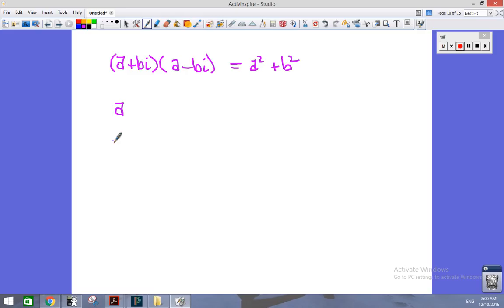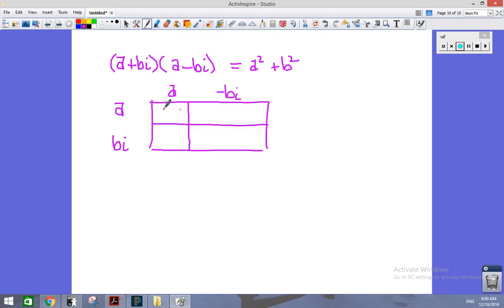Because if this is a times a gives a squared, negative abi, and here a negative b squared i squared is just going to be positive b squared. So these terms cancel, and we just get the a squared plus b squared along that diagonal.